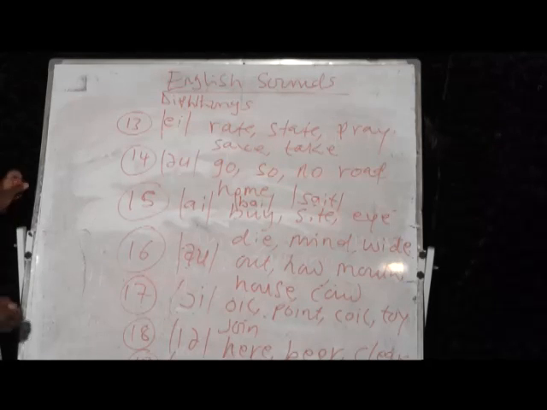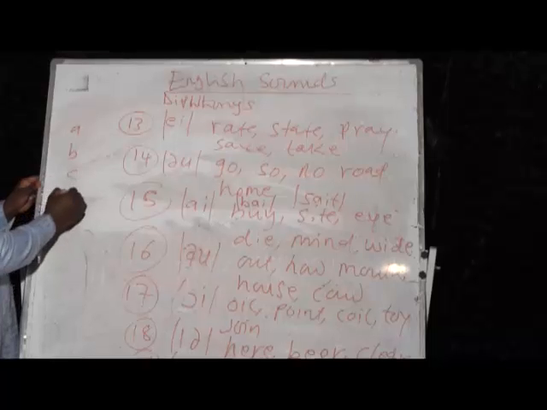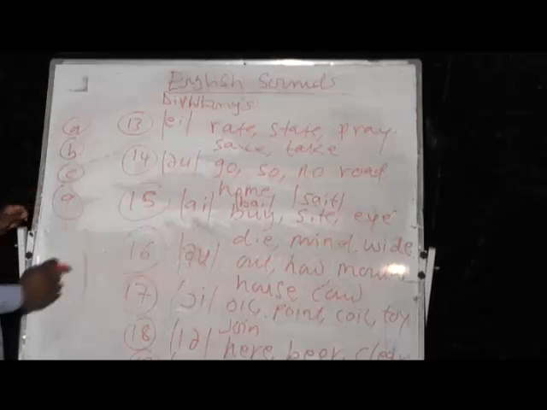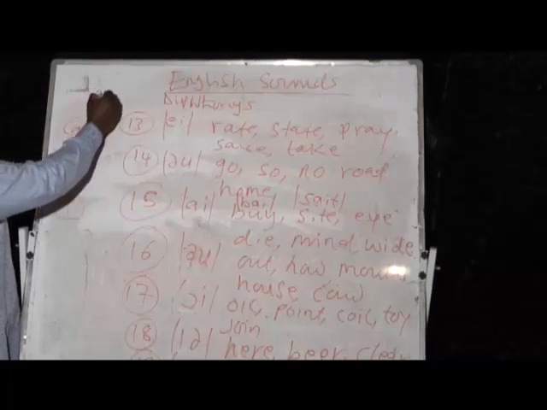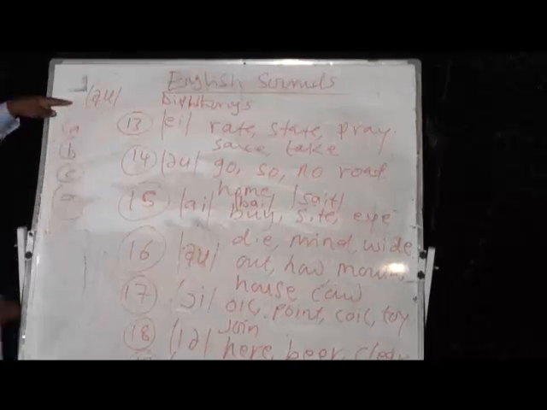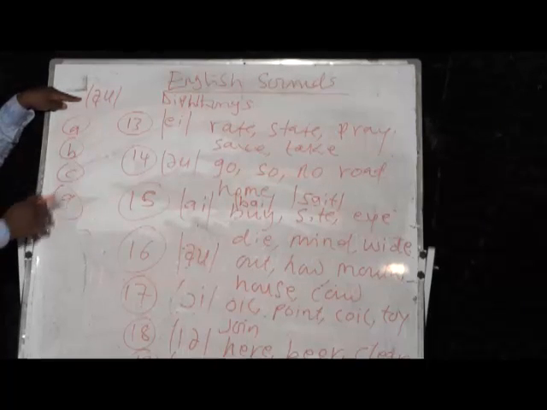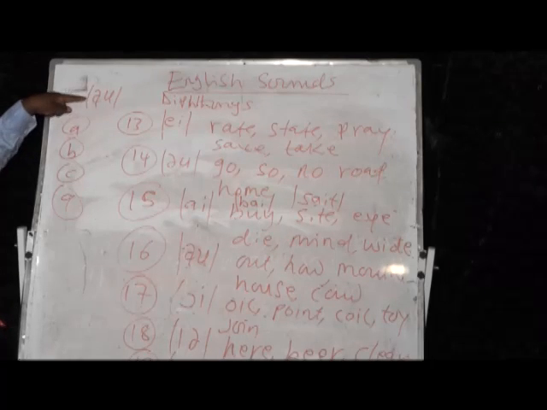Let me give you an example. Sometimes you are given an option in the examination with A, B, C, D. Let's take, for instance, you have this as the vowel sound. You are expected to find out from the options which word takes this particular sound.